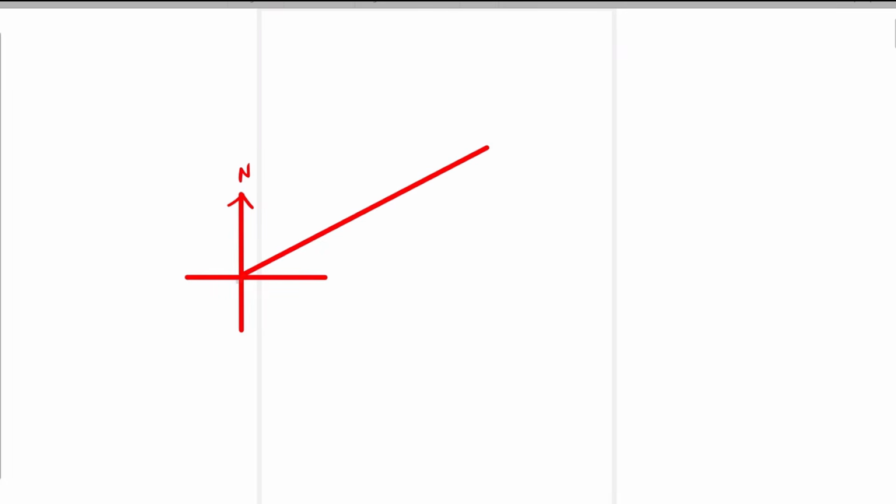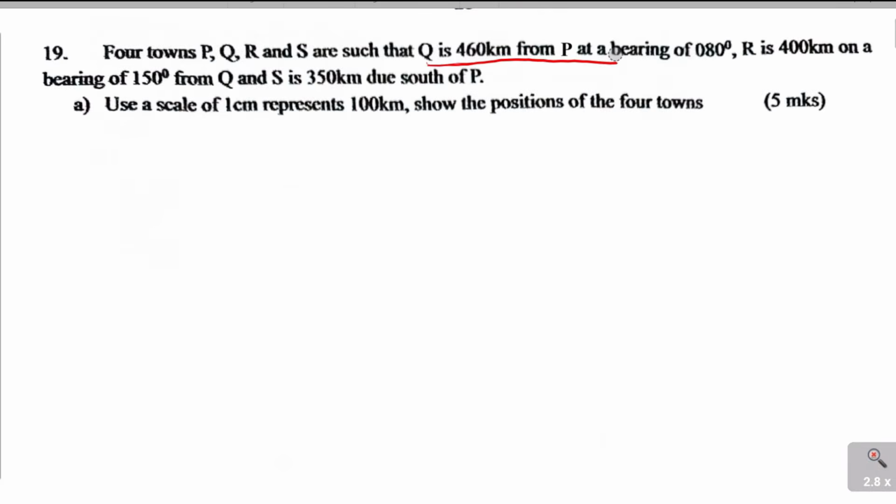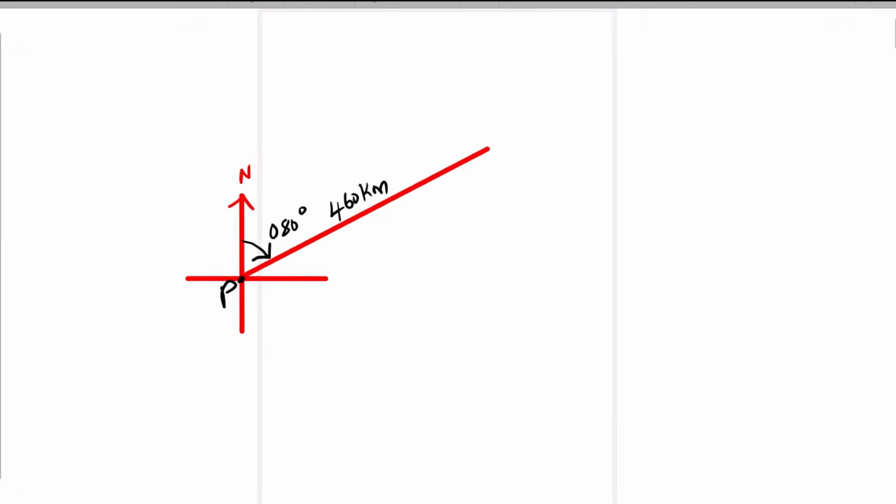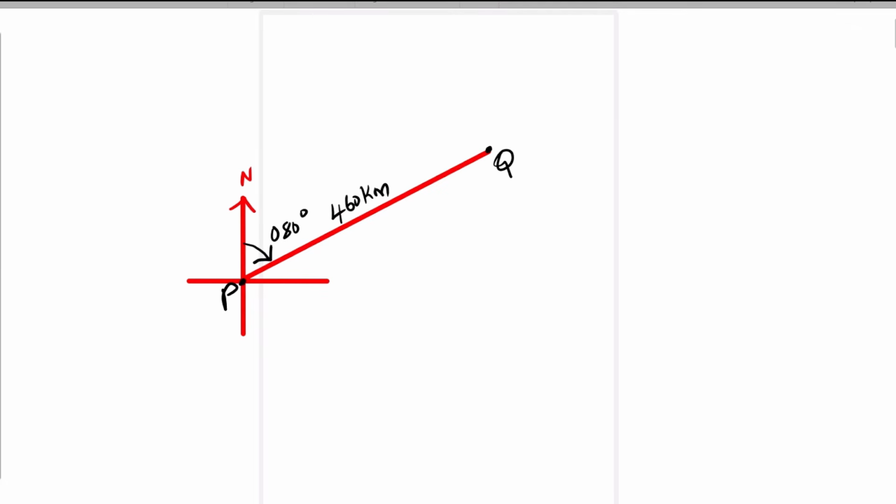So this point here, the center, is where we have P. And then 080, you measure it in that direction. And this distance is 460 kilometers. So Q is somewhere here. That is where we have Q. Q is 460 kilometers from P on a bearing of 080. That is what we have represented.